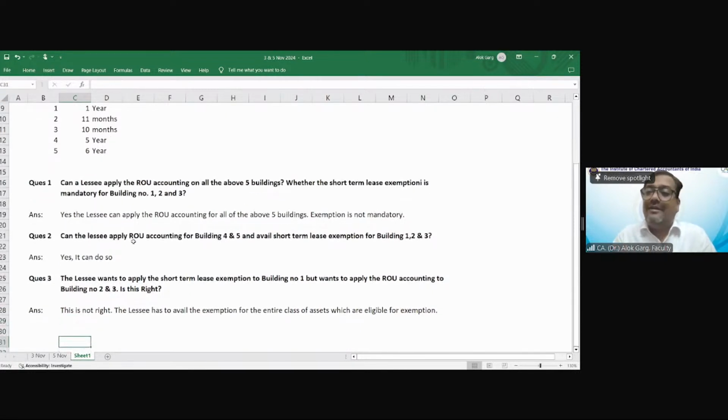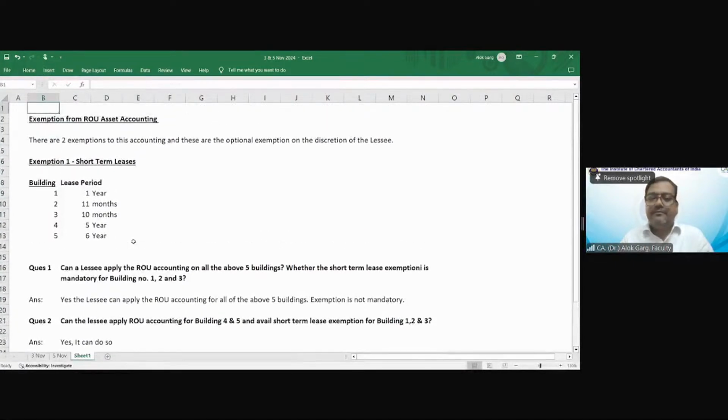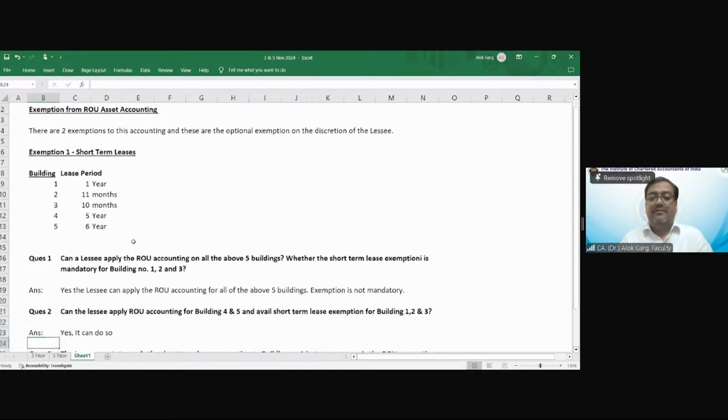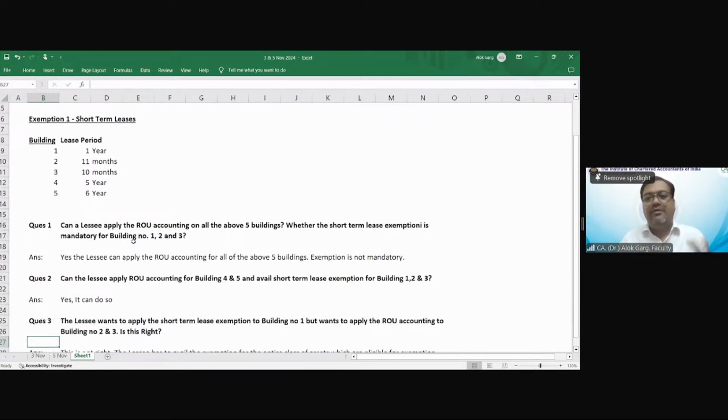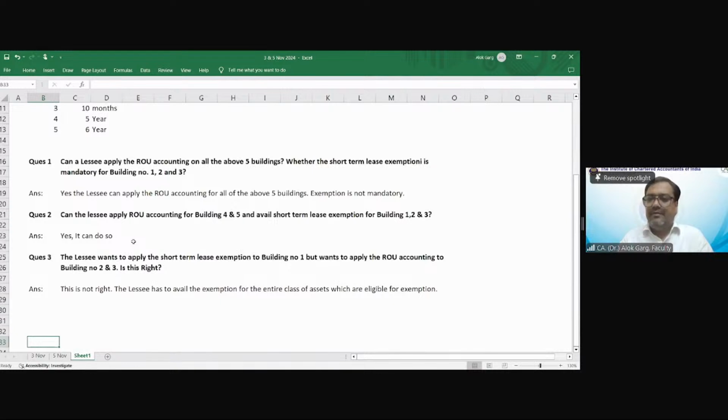Is anyone not clear after this example and after writing these 3 questions? Anyone still not clear? You cannot forget the concept when you revise and read these 3 questions. Perfect. Clear?